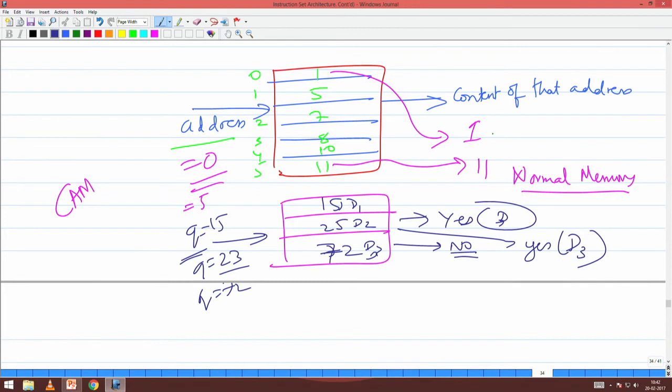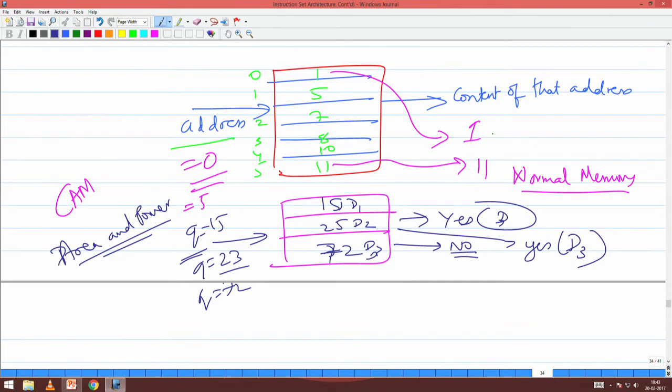Please note that the content addressable memory will consume several times more area and power in comparison to the normal memory, and that is why I can't realize large content addressable memories in the system.